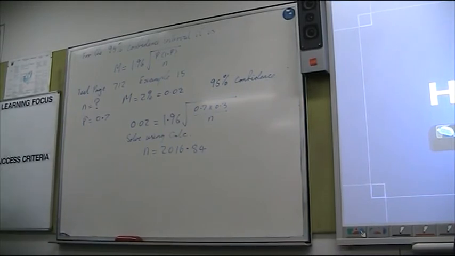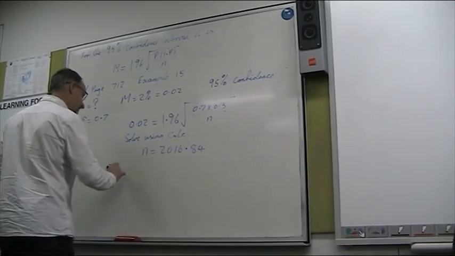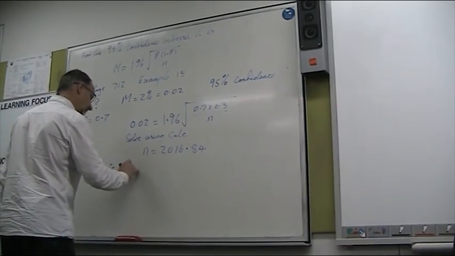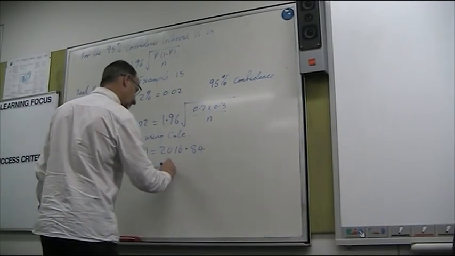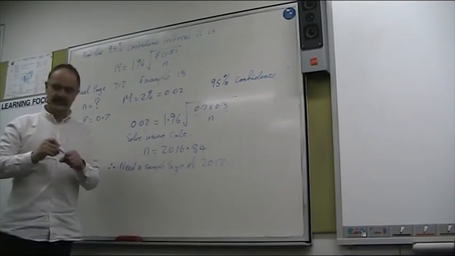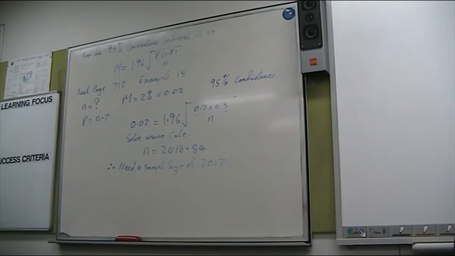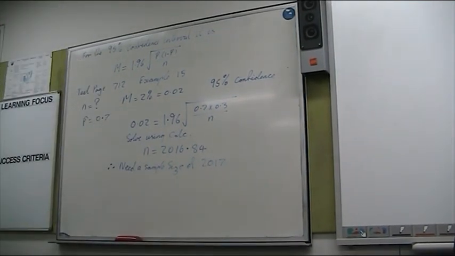Not sure we can get someone to volunteer to be the 0.84 of a student. So we need a sample size of 2017. There we are. Done. All right, that's it.